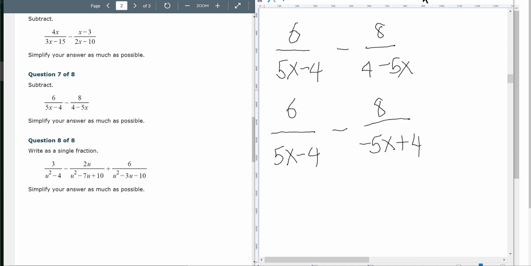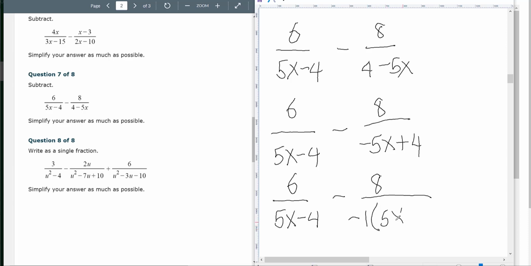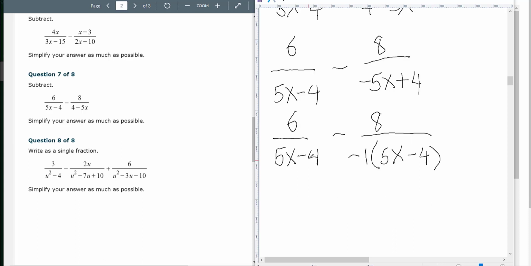And now I notice that the second denominator has a leading coefficient that is negative. So I'm going to factor out a negative 1 out of the second denominator. So negative 1 times 5x minus 4. And so I notice now that they have a common denominator, only this negative, I'm going to go ahead and divide it into that 8.